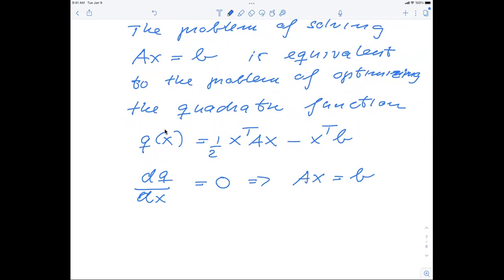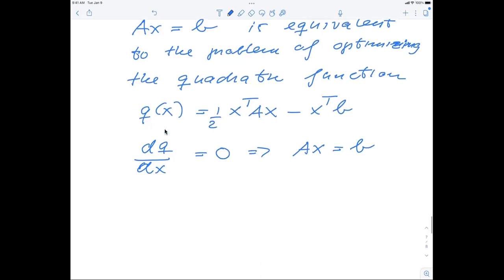So this type of problem suggests an iterative scheme. And the typical way you would start setting up the scheme is to assume that there is a vector which you can start with, and you would typically define that as a vector x0.